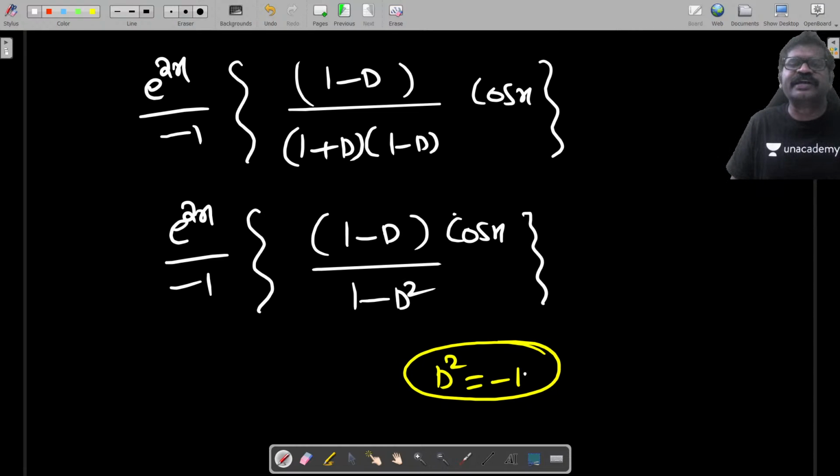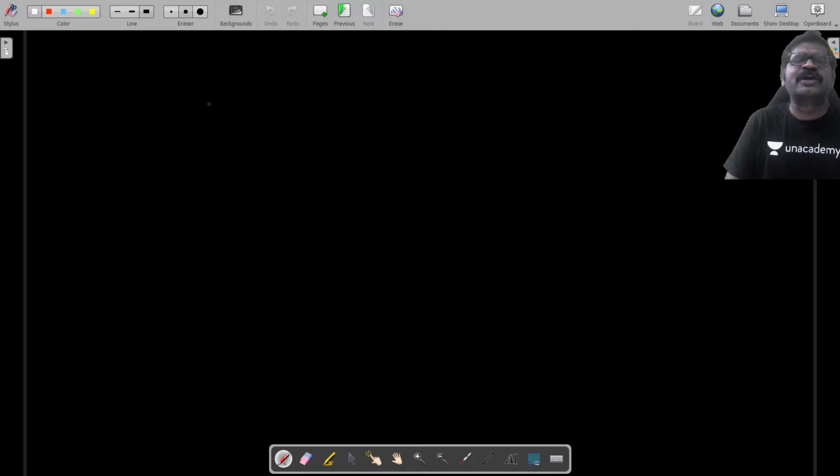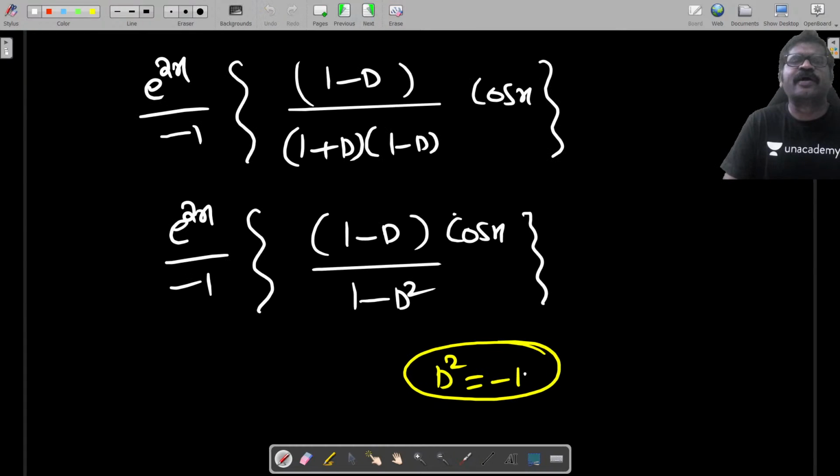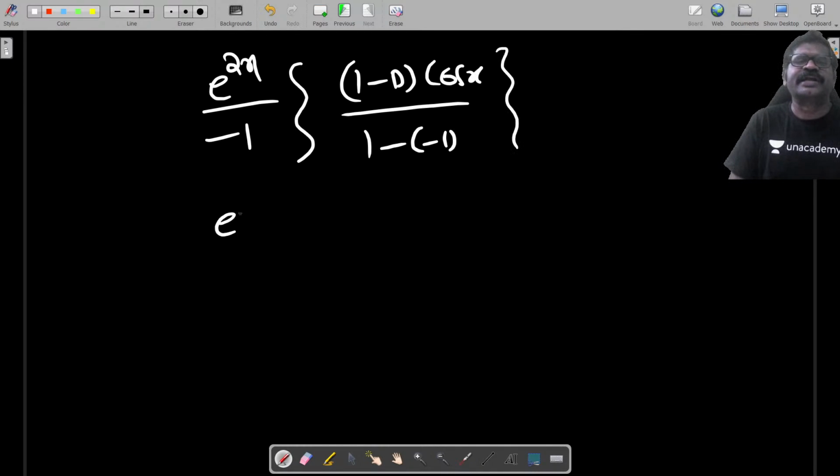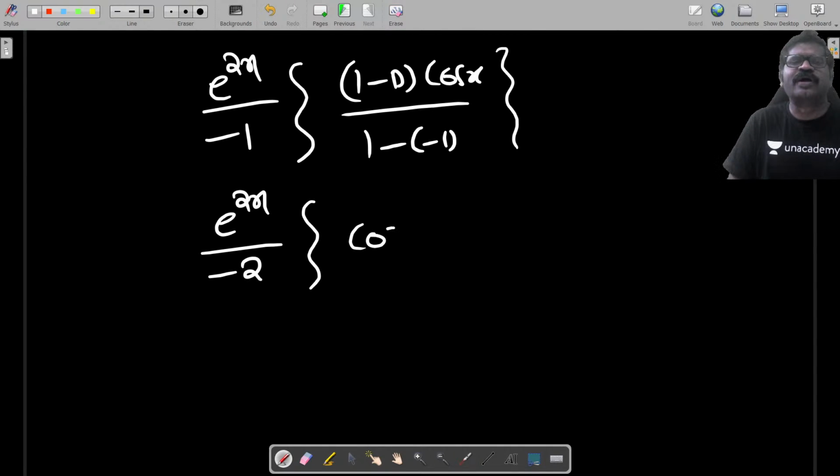If you replace D square equal to minus 1, you will get e power 2x by minus 1 of (1 minus D) of cos x by 1 minus of minus 1, that is e power 2x by minus 2 of cos x minus differentiation of cos x.